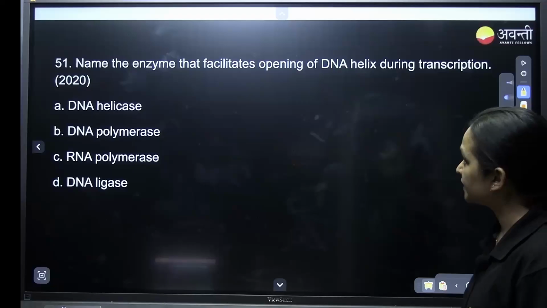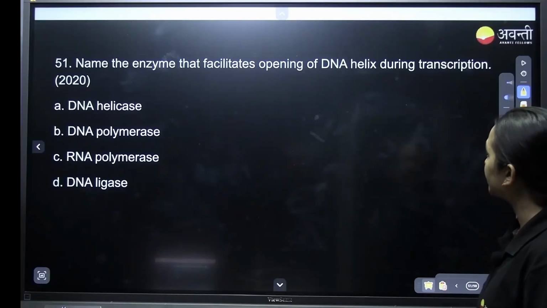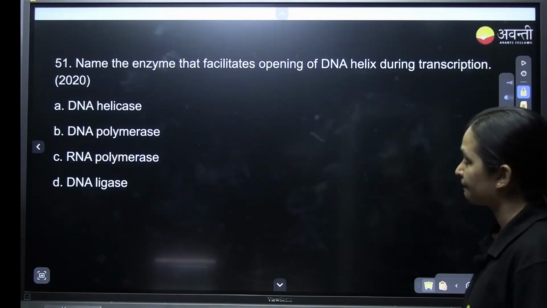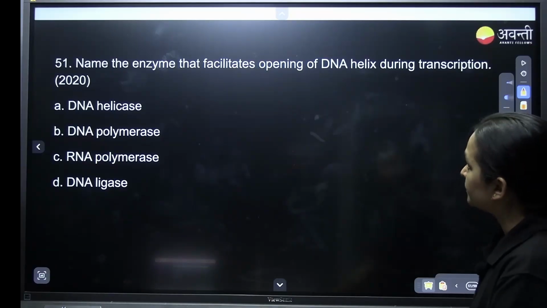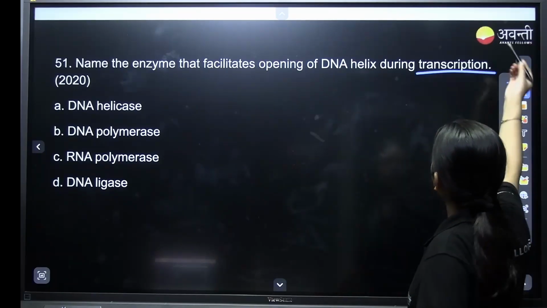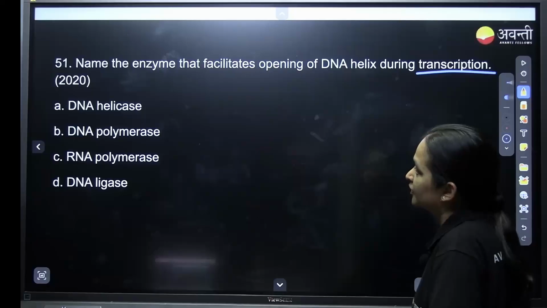Then name the enzyme that facilitates opening of DNA helix during the transcription. DNA helix. Name the enzyme that... बता दो.